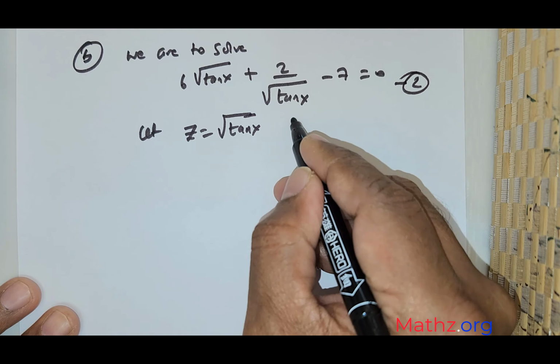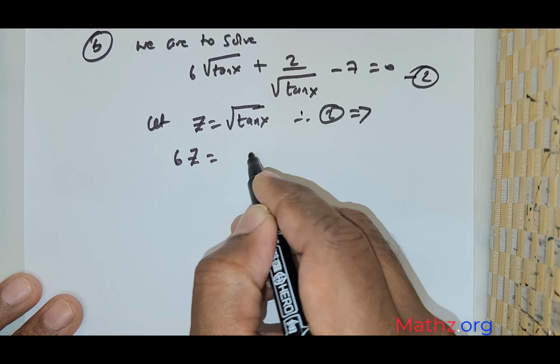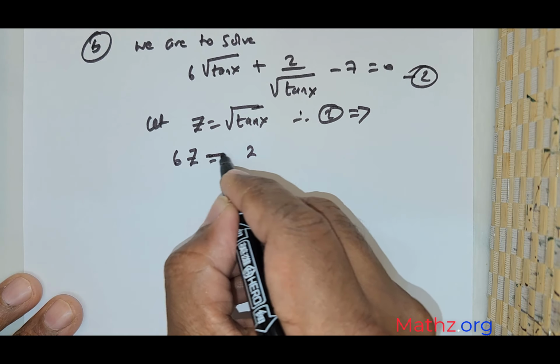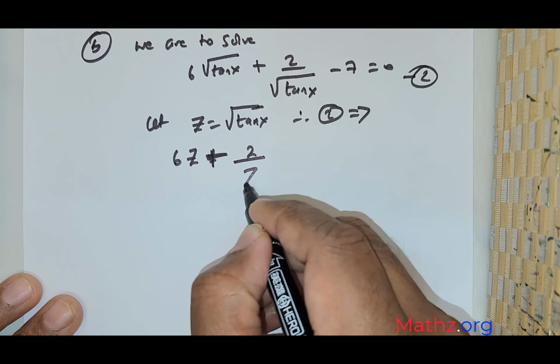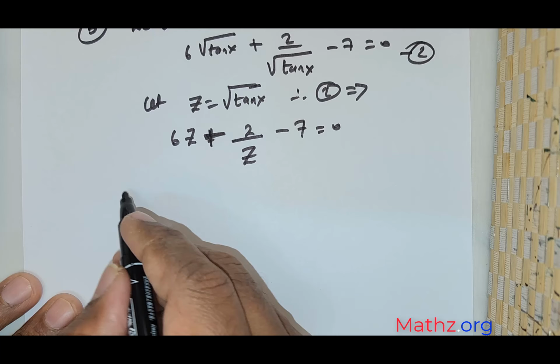So therefore the equation can be rewritten as 6 times z with positive 2 over z negative 7 is equal to 0.